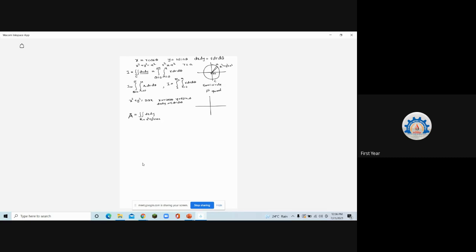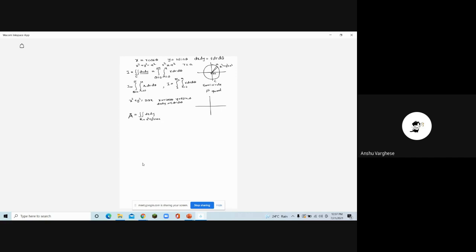What will be the equation of the circle in polar form? Tell me that. Quickly. Is it really difficult? r is equal to 2a cos theta.